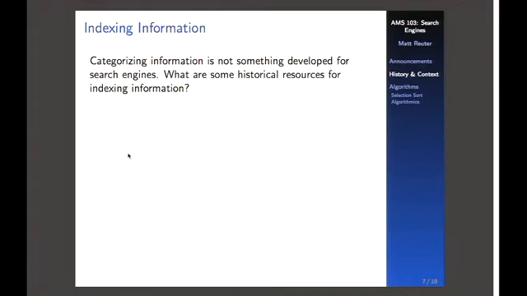So going back a little bit more historically, this idea of indexing information is not something new, and it wasn't something developed for search engines. Okay, so thinking about categorizing information, cataloging information, and making information accessible to people when they're looking for something has been around for, I'm going to guess, at least decades, probably centuries. And what are some historical ways that people would go about trying to find information?